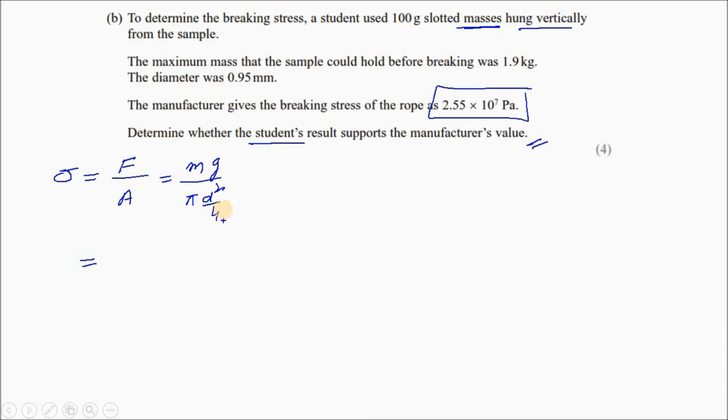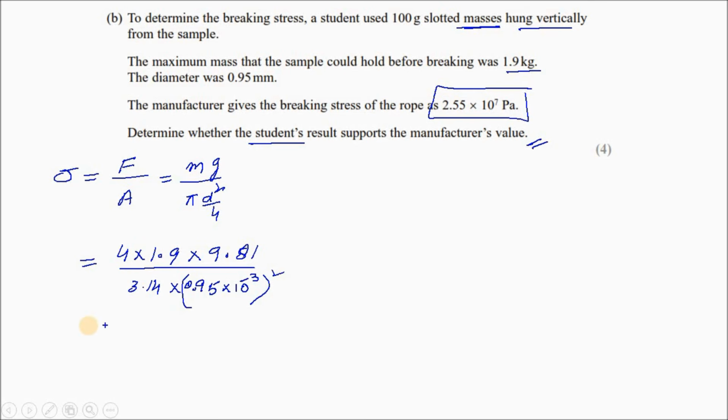So I can send the 4 to the numerator, and then you can say 4 into m, and the mass which is hung is 1.9, into g, which is 9.81, divided by pi, which is 3.14, into d square, and the diameter is 0.95 into 10 to the power minus 3, squared.